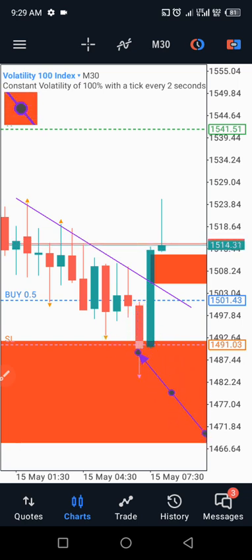Remember, this was the bearish candle we are talking about. Price came and tapped into that order block, and then we notice that price started buying. So this was the bullish rejection. Remember, it is a bearish bullish rejection. And then price started buying, and then price closed.